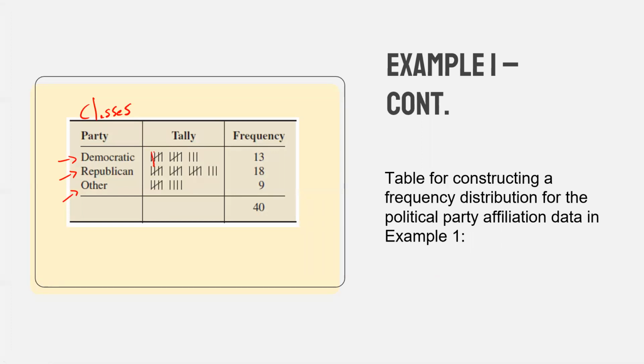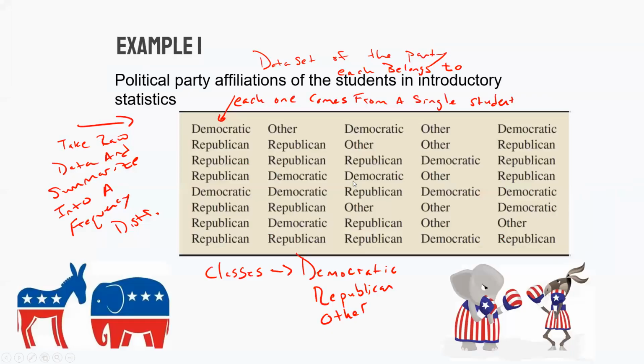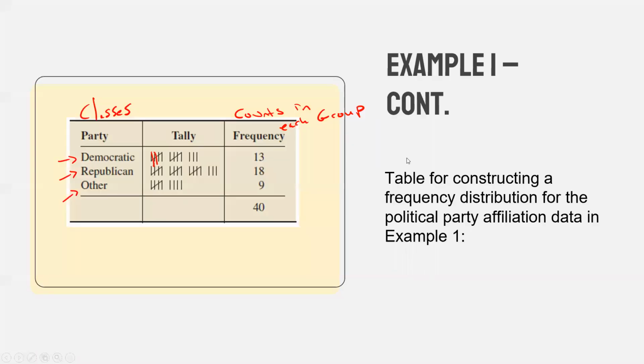The next time I count a Democrat, I put another one, and so on. So this frequency is just the counts in each group. We took this raw data set and summarized it into this nice table. This right here is the frequency distribution, or frequency table.